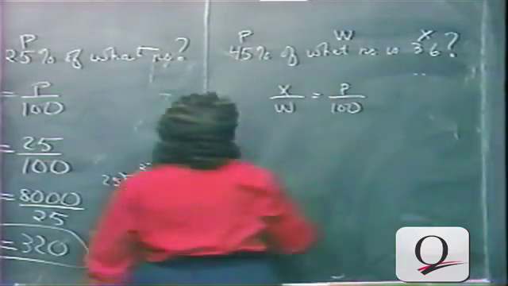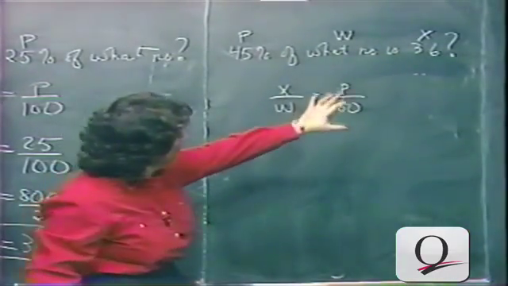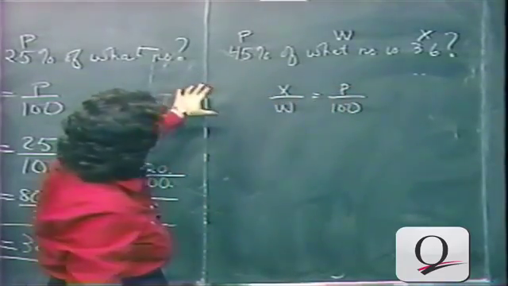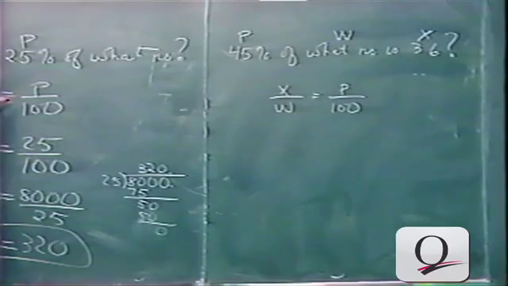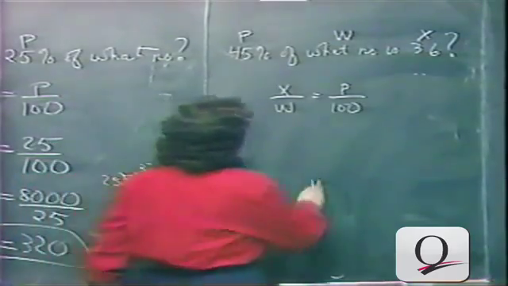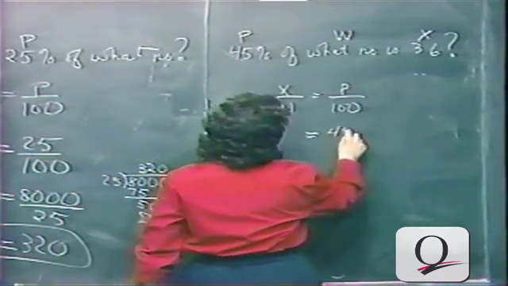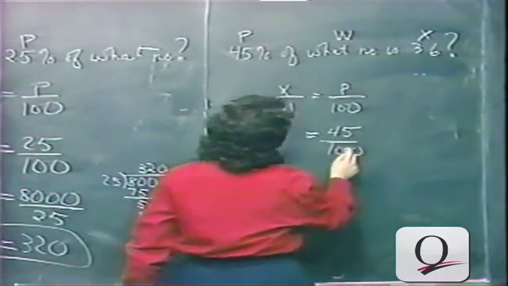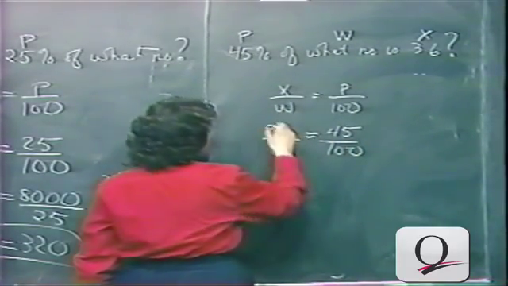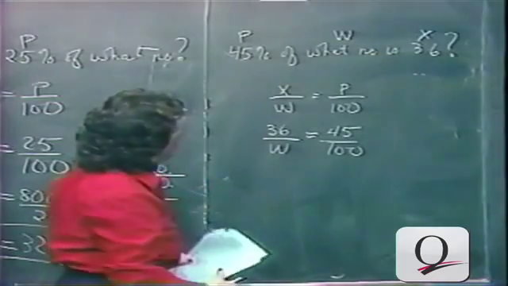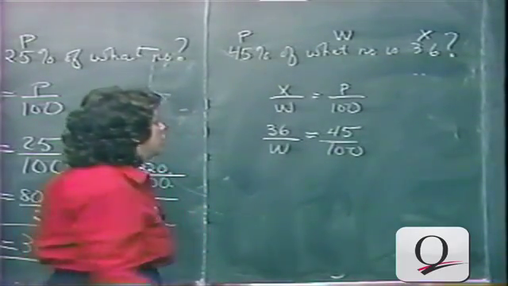This is very similar to the problem we had before. It can be reread: 36 is 45% of what number? So we're looking for the W.